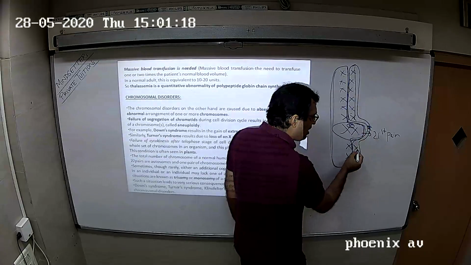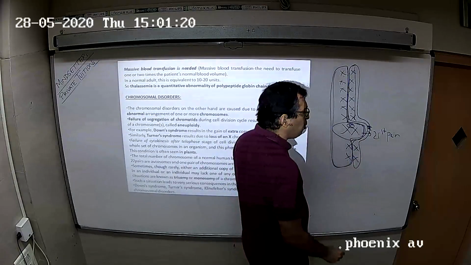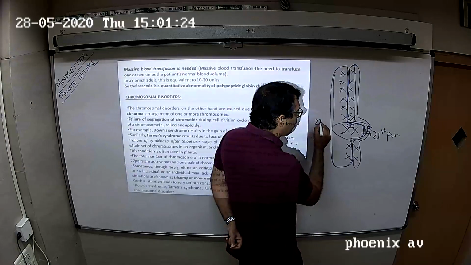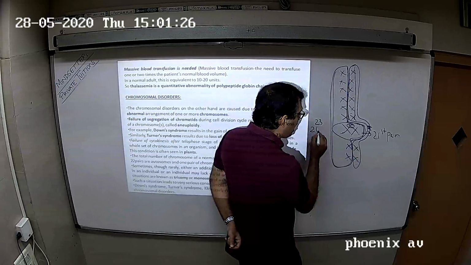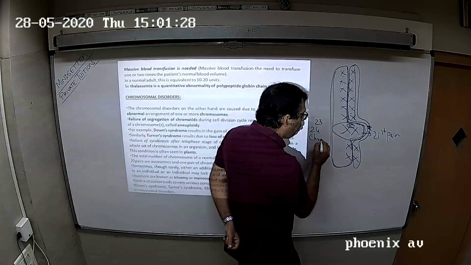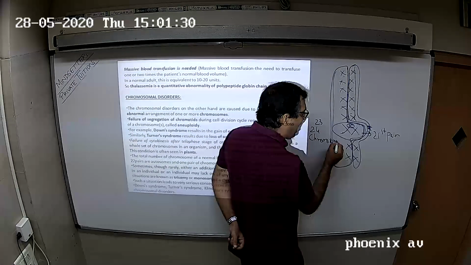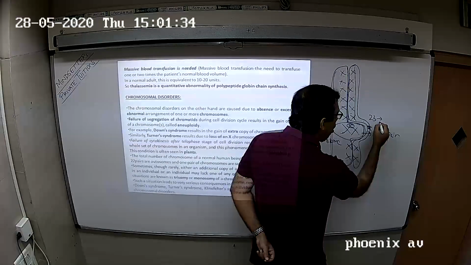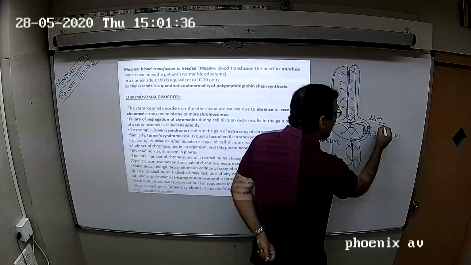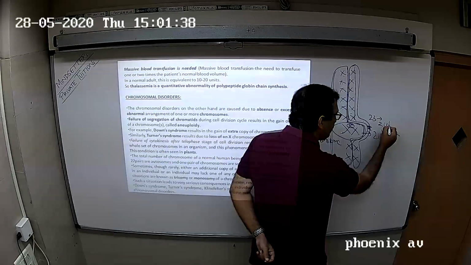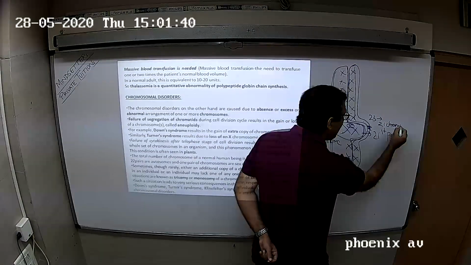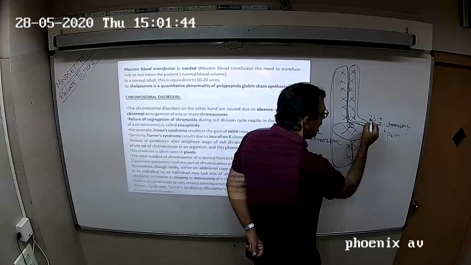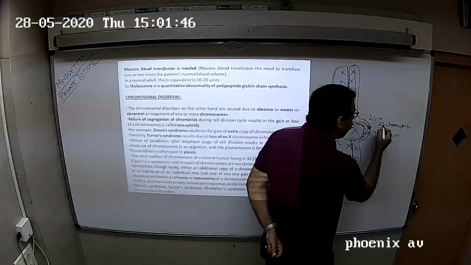The 21st autosome is not there, only the 22nd and X chromosome. So this egg now, instead of 23 chromosomes, has 24 chromosomes. And this gamete, instead of 23 chromosomes, has now got 22 chromosomes.